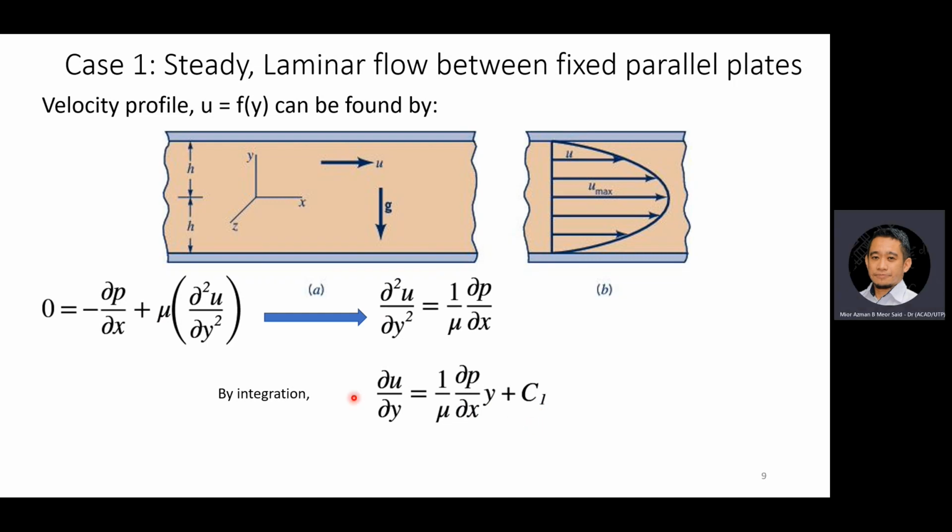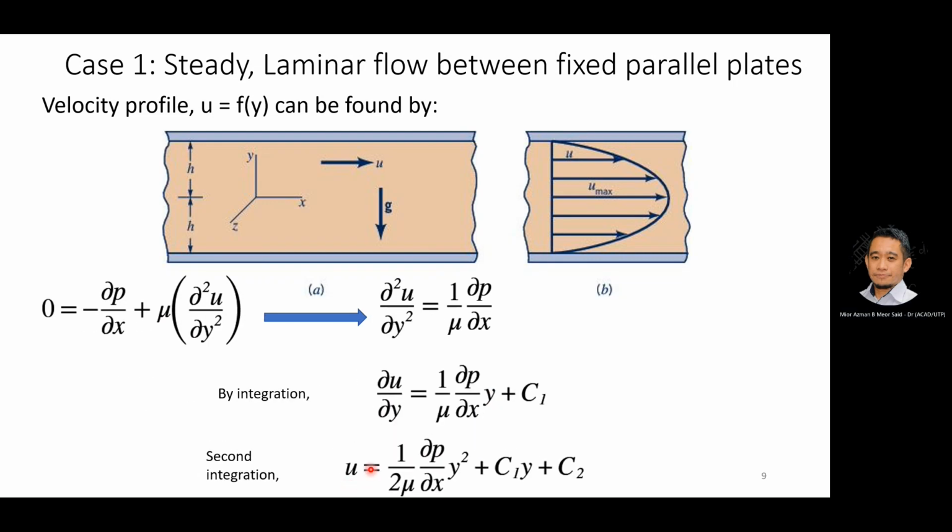Now you have partial u over partial y and can integrate again. Now you have the general form of the expression of u: u equals 1 over 2 viscosity, partial p over partial x, y squared plus C1 y plus C2.